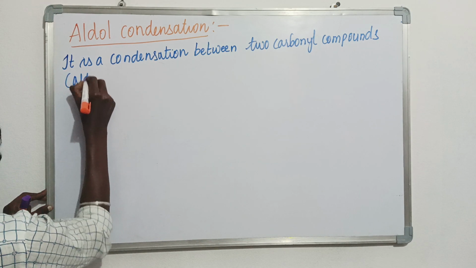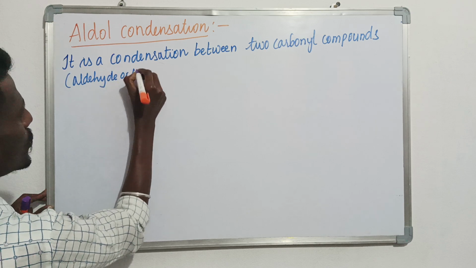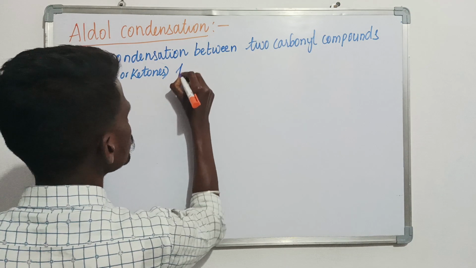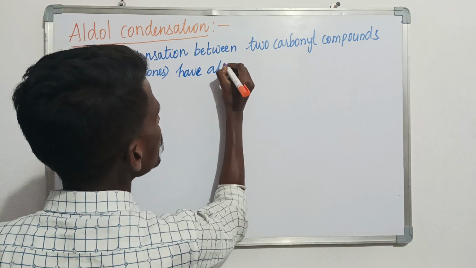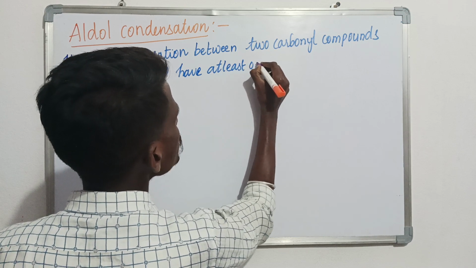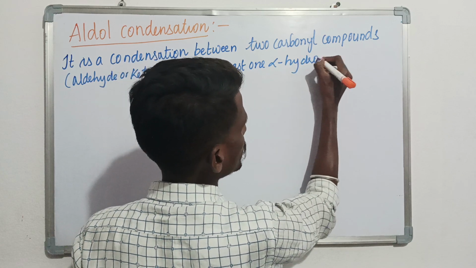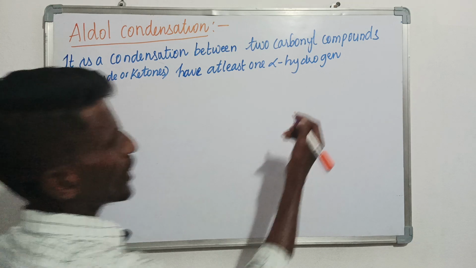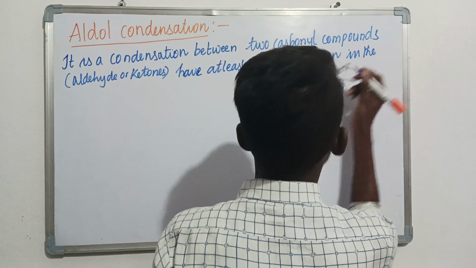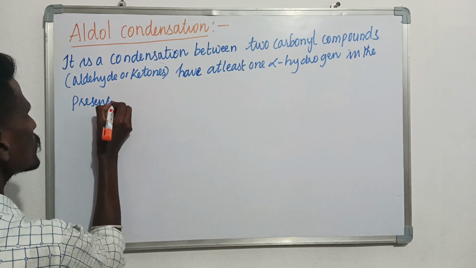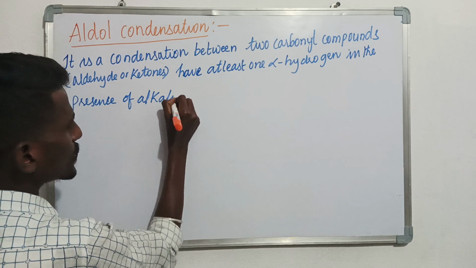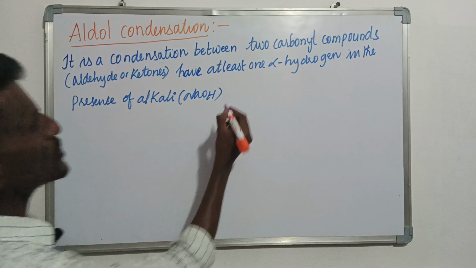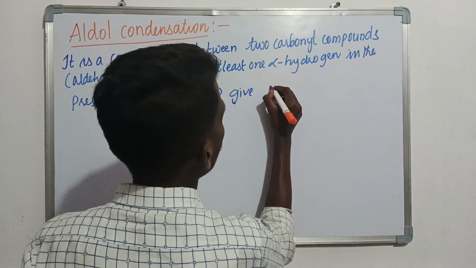It may be aldehyde or ketone, between two carbonyl compounds having at least one alpha hydrogen atom, in the presence of alkali, especially sodium hydroxide. Alkali gives aldol.